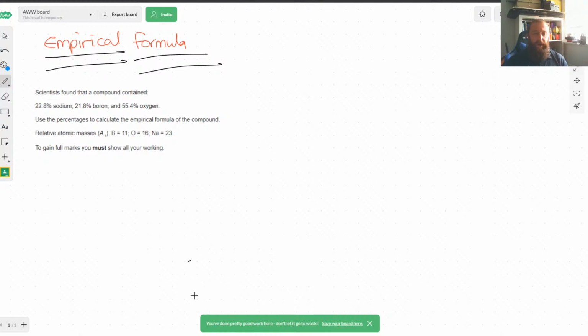That's what we're trying to work out, and it's going to be as a ratio. So let's go through and we'll work this out. All the way through, this is going to be a ratio. We're going to do this in exactly the same way that we started doing the mass calculations earlier.